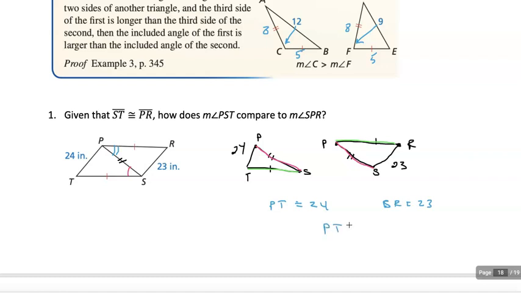So now I can see that PT is bigger than SR. If PT is bigger than SR, then this angle here, PST, is going to be larger than this angle here, SPR, because that third side of 24 is bigger than that third side of 23. Making that side bigger makes that angle a little bigger too.